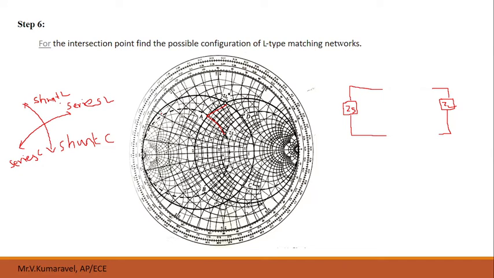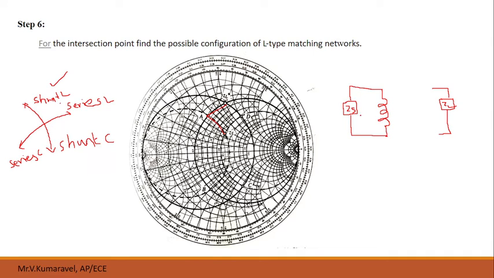It is a constant conductance circle. On constant conductance circles we have either a shunt inductor or a shunt capacitor. If we move in the upward direction, it will be a shunt inductor. Therefore, the first component will be a shunt inductor.